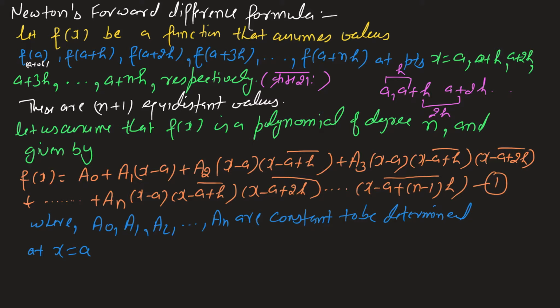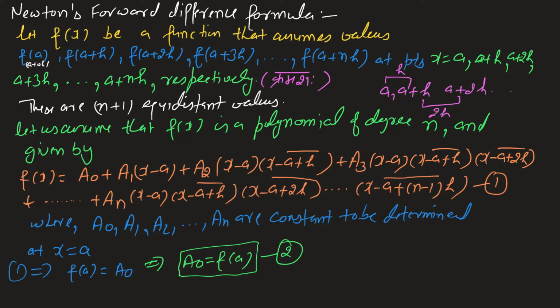So at x is equal to a, 1 implies f of a is equal to a naught, and here you see a minus a is 0, so all the rest of the terms will become 0. So this implies that a naught is equal to f of a. Fine, so this is the first value, and you are going to name it as 2.